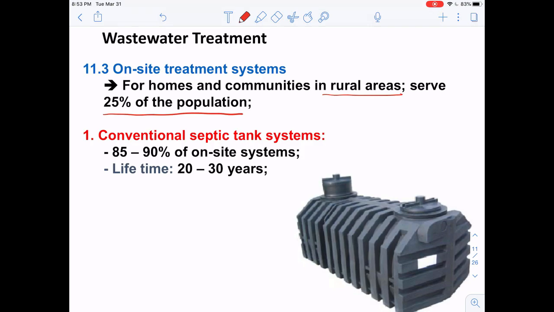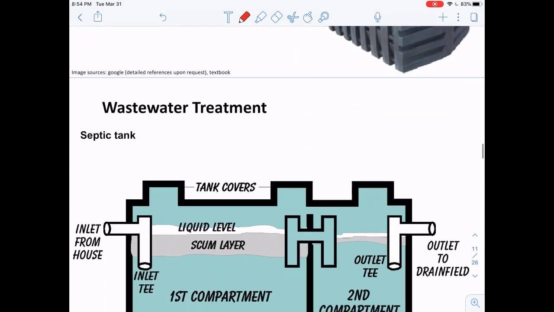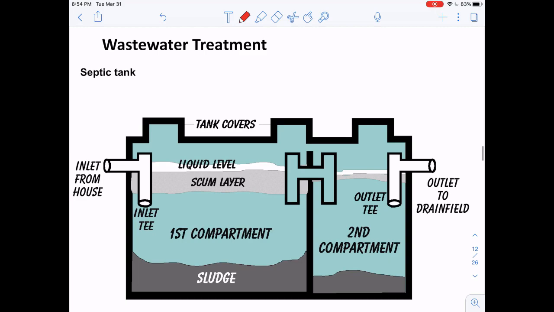But if you use one for more than 30 years, you may have leakage from the septic tank, and this leakage might pollute the drinking water or the underground water, and further affect the water quality. In terms of the mechanism of these septic tanks, here I'm just showing a very simple geometry. The sewage or wastewater coming from the house or the community is introduced into this inlet T here.